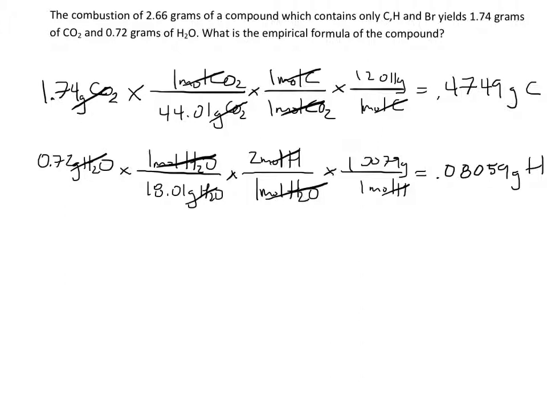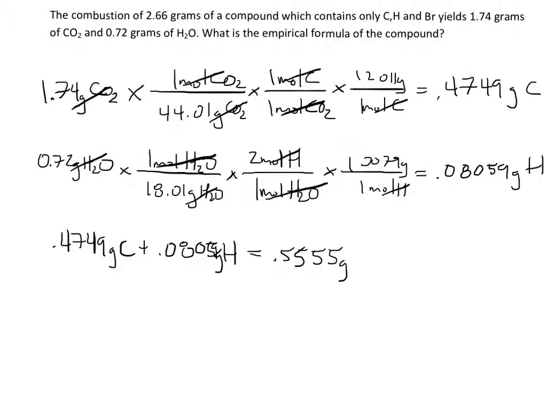If we add those two together, the 0.4749 grams of carbon plus the 0.08059 grams of hydrogen, I left a 9 off right there, we see that those make up 0.5555 grams of the compound. So carbon and hydrogen constitute 0.5555 grams of the sample. But the sample weighed 2.66 grams.